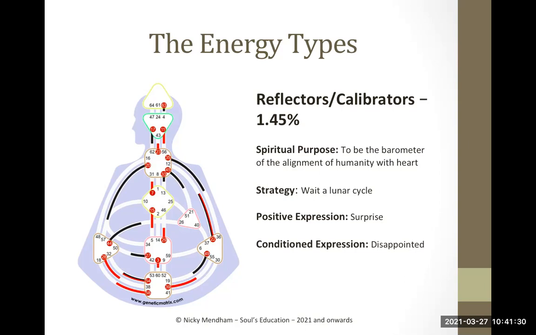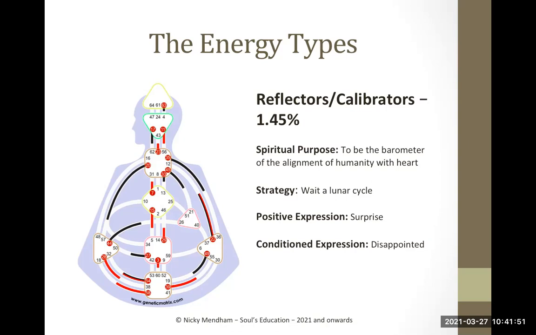And when they're in their positive expression, it can be really surprising for them. Life can really take them by surprise, and there's this unexpected childlike wonder within them when things are going to plan. But when they're not going to plan, they can be deeply disappointed.